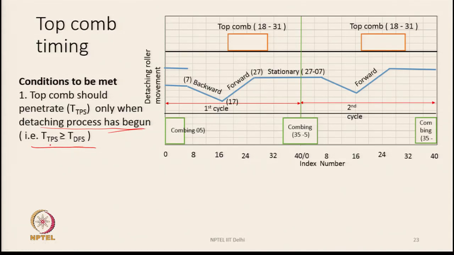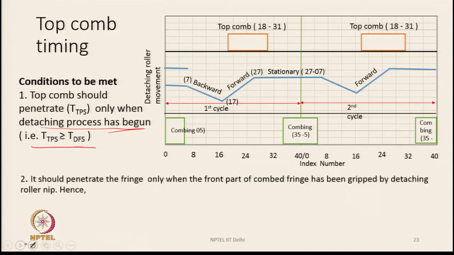So, TPS is top comb penetration time starting. That means, it has to be beyond 17. At 17, the detaching roller starts moving forward.